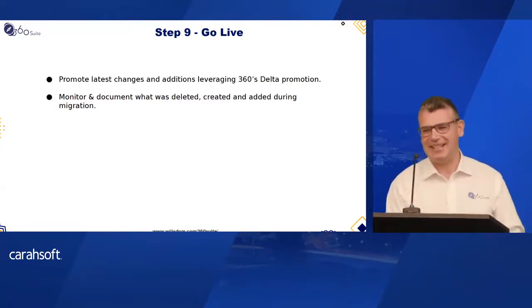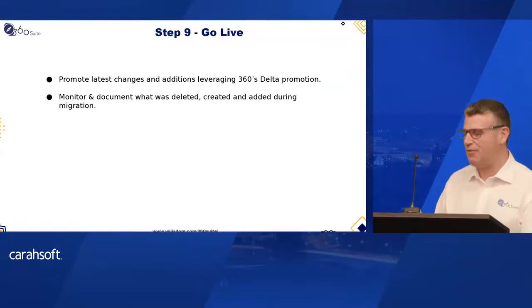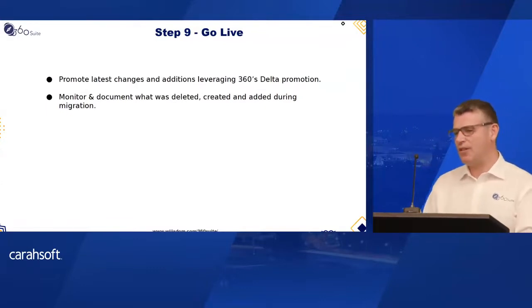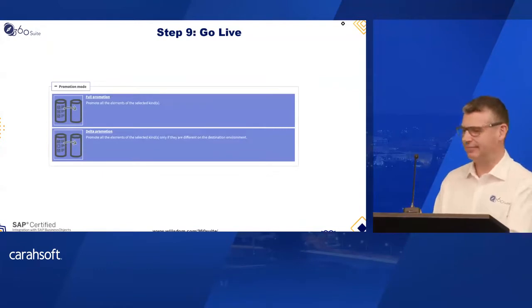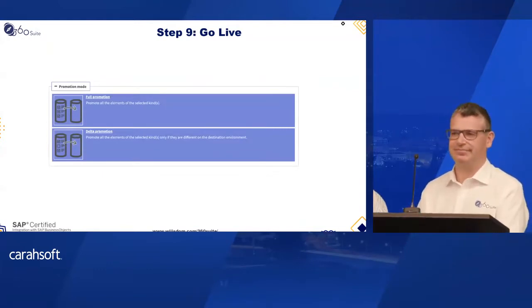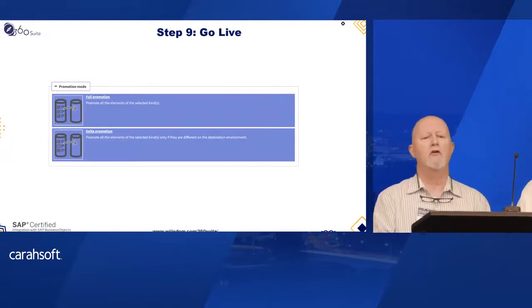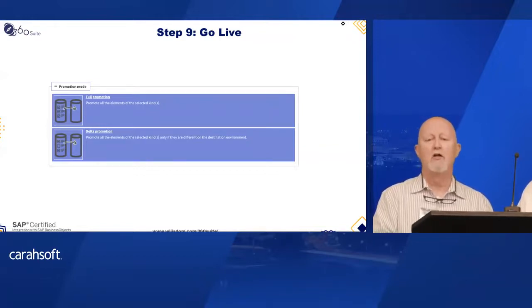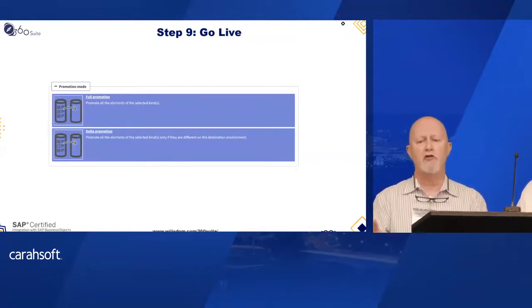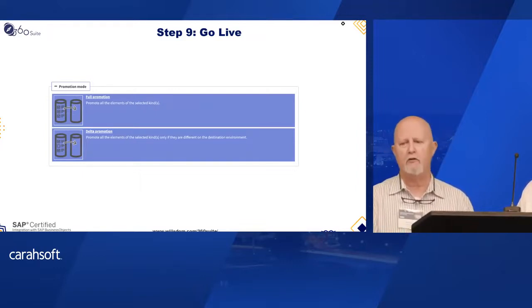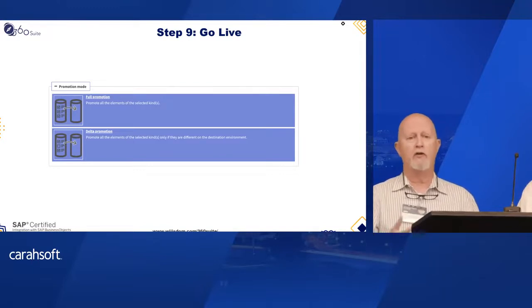Okay, step 9 is all about going live. So what are the key parts when you're going live? Well, I think that you rarely do all your migration over a weekend. It's usually a lot of work. It takes a long time. So what happens is that you did an initial promotion, you did all of your regression testing, you fixed every regression you found, and now you're ready to go live.